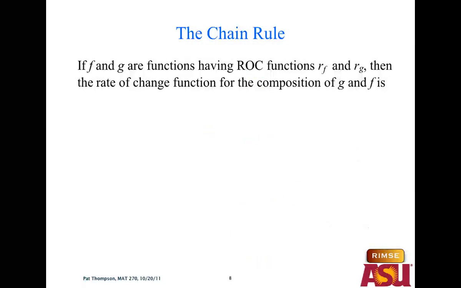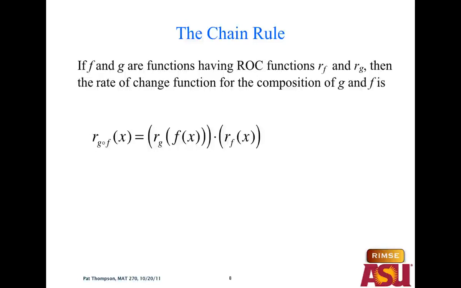So here's the order changed. This came first. This was our 5. The rate of change of f with respect to x was 5, and then the rate of change of g with respect to its input was 3.